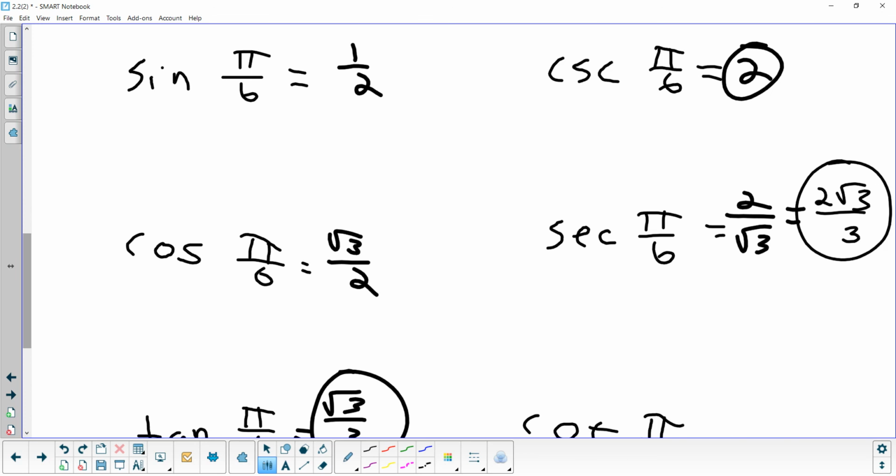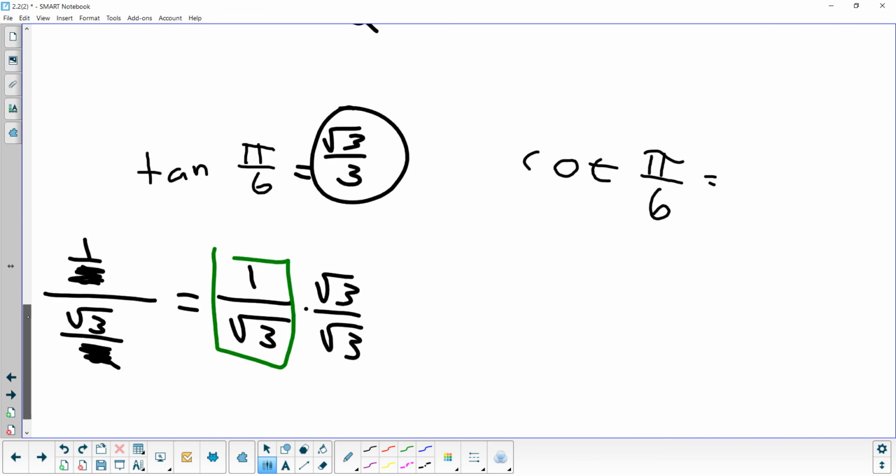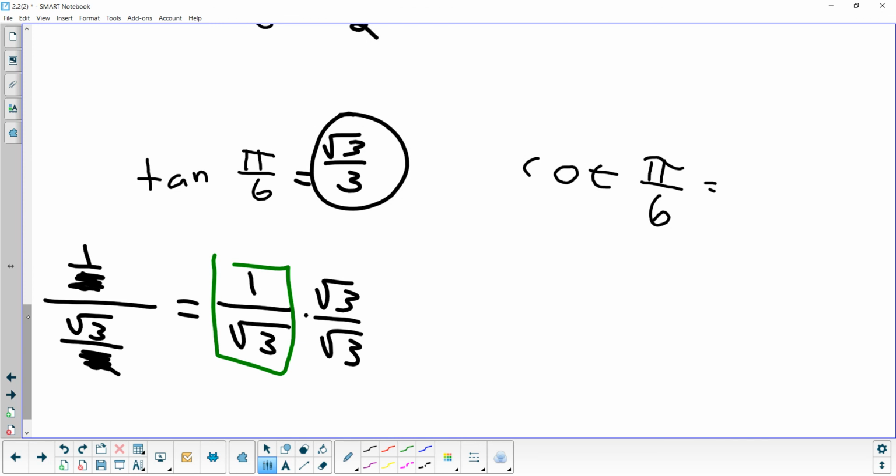And now let's look at the cotangent and try to think about this in kind of a smart way. We have 2 answers for the tangent. We've got the one I circled in black, which was the final answer, and then we had the answer we started with, which was the one in green. You can flip either one of them, but one of them would be less work. Would we flip the 1 over the square root of 3 just to get square root of 3?